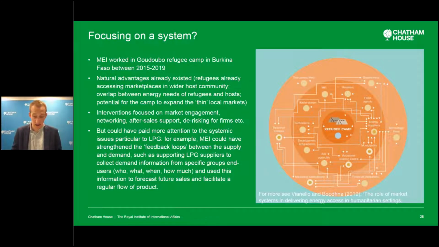So they organized show and tells with local businesses, they did trade fairs, they helped with marketing information, they helped microfinance institutions support and expand, they helped train agents and technicians. And they did a lot of that crucial networking between the humanitarian community and the business community. So that intervention was very much focused on the market system and how to improve that system and how it could be sustained in the long run.